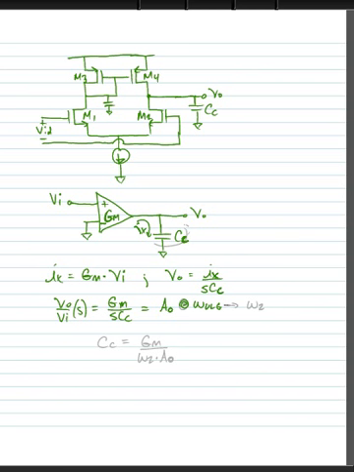And of course, this would equal omega 2 for 45-degree phase margin. So we could find that CC, our compensation capacitance size, is equal to GM divided by omega 2 times A sub 0.